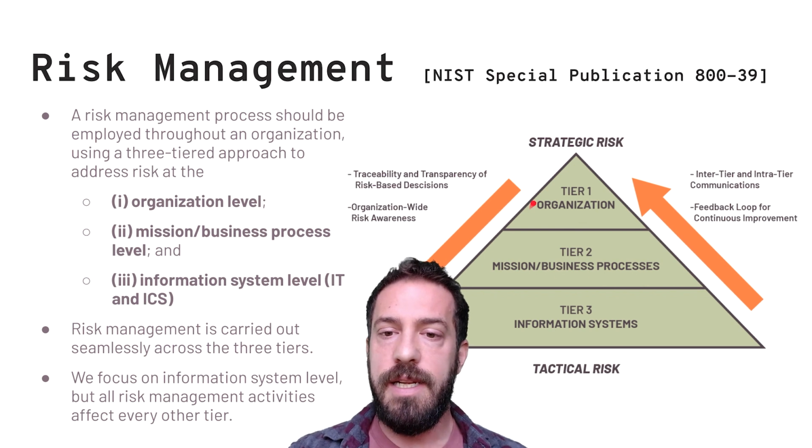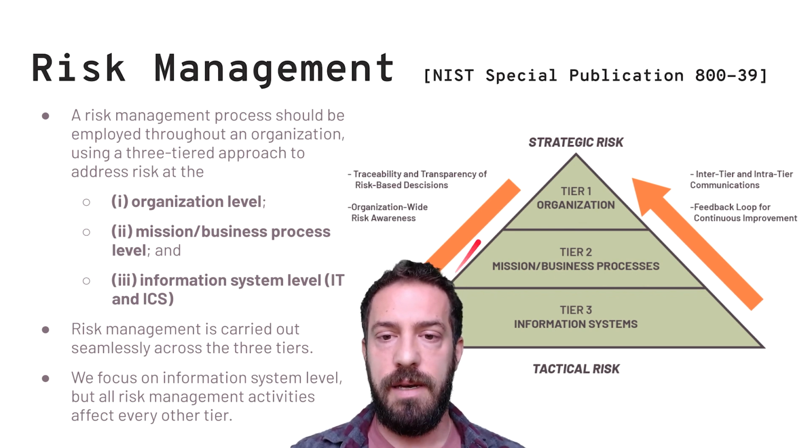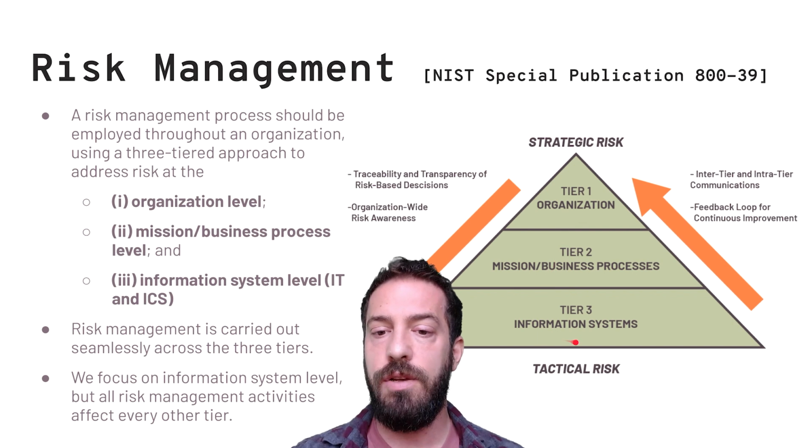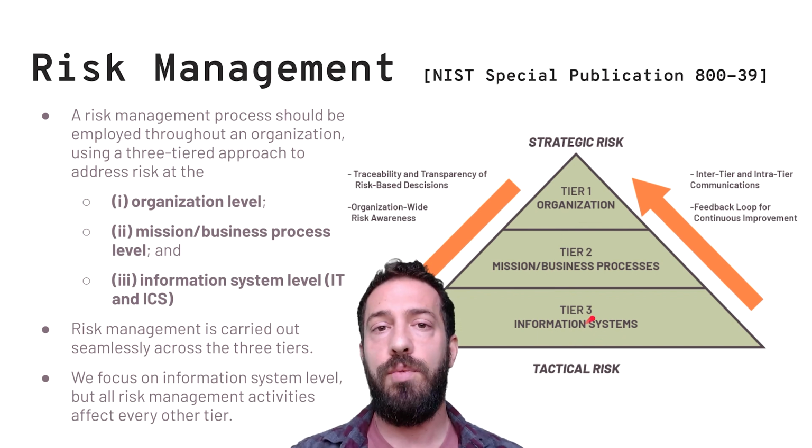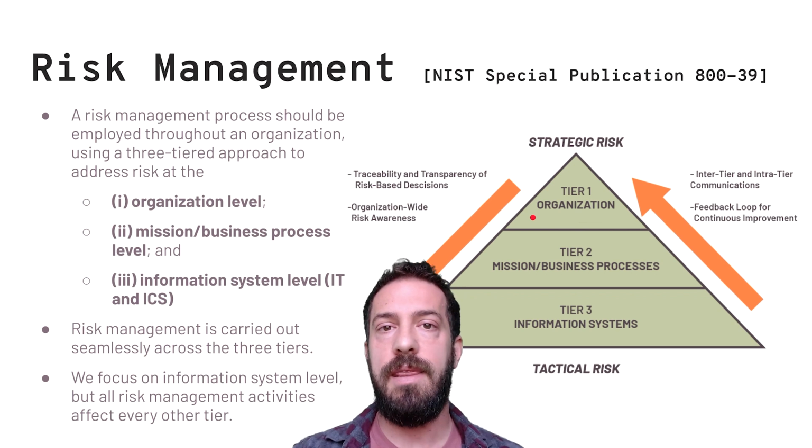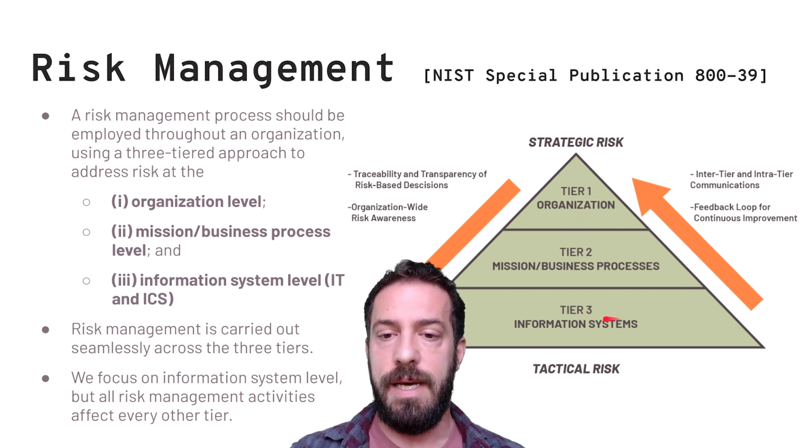The three tiers are not disconnected from each other. One informs the other. From the organization, the decisions you make in information systems will be informed by the risk policy and the budget that is defined at the tiers above.